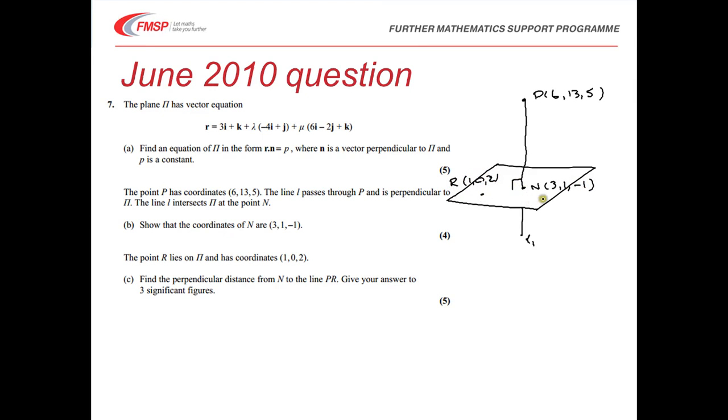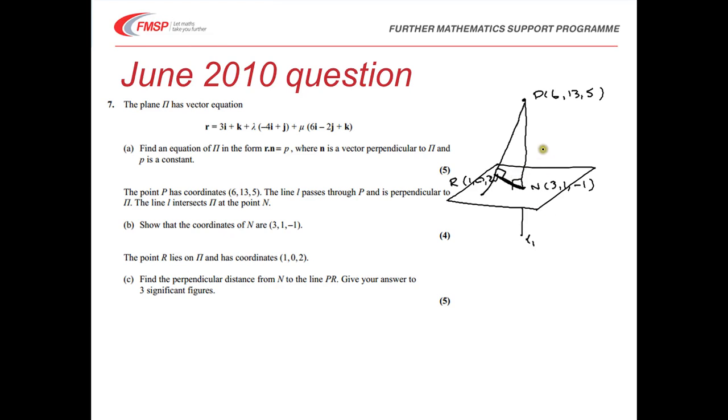So we're thinking about PR, and we're trying to get the perpendicular distance from N to PR. In my diagram it would be a line here which forms a right angle here, and I'm trying to work out how long this short line is for the final 3 marks in this question.